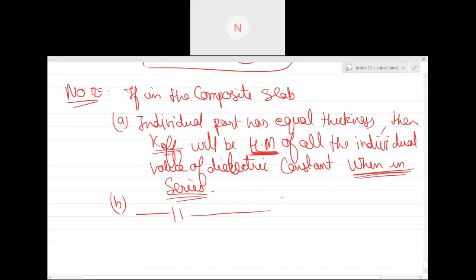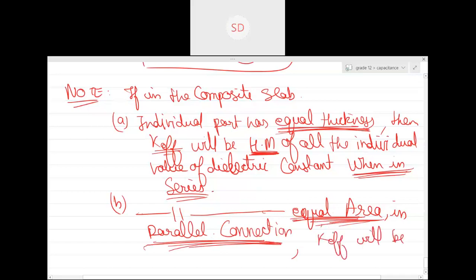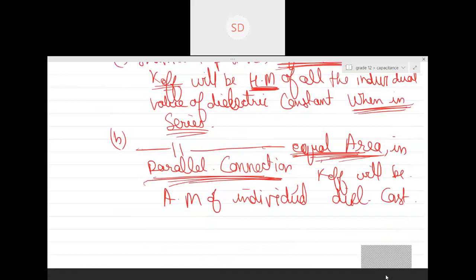Similarly, if individual parts have equal areas in parallel connection, please remember, initially it was equal thicknesses, now equal area in parallel connection, then K effective will be the arithmetic mean of individual dielectric constants. Is this clear? So remember this result, guys.